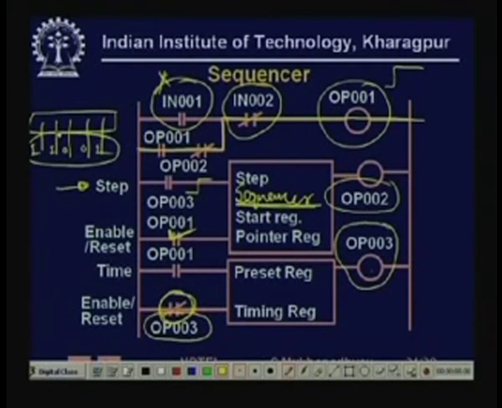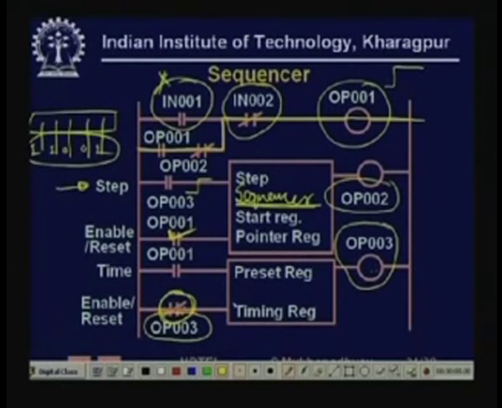The first pulse has come and the first step is executed, and it is waiting there. Now, when this has become 1, immediately this becomes 0, and it becomes 0 again.